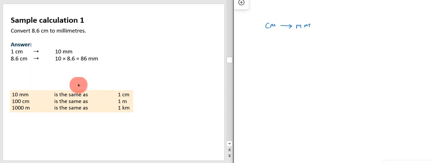So 8.6 centimeters equals how many millimeters? Okay, so that's what we're interested in. What we can do is look at this table, for example, and we can see that 1 centimeter is equal to 10 millimeters.